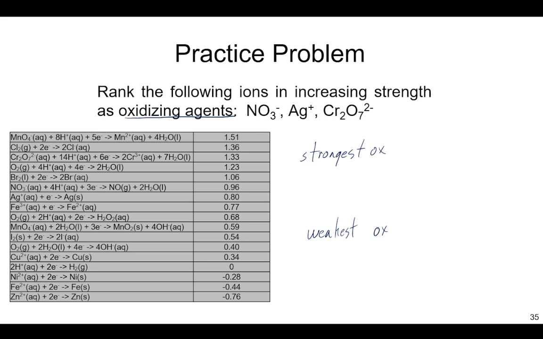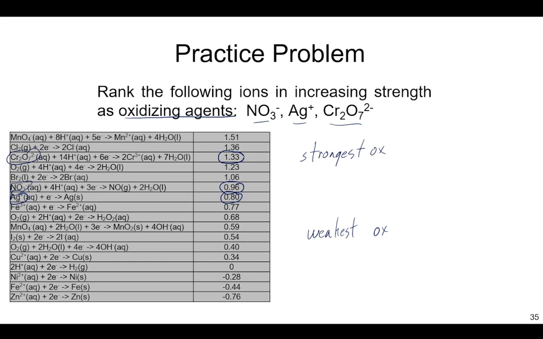Okay. And so we just have to look for these species in our table here and find out where they are top to bottom. Cr2O7 is this row. NO3 minus is here. And Ag plus is here.